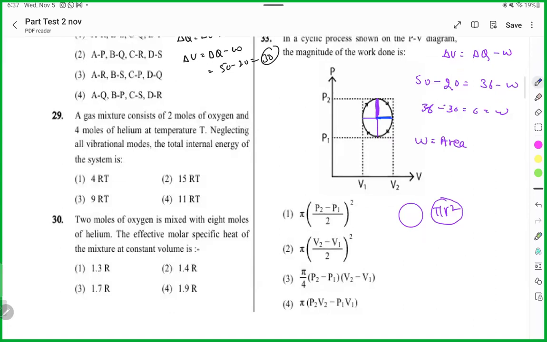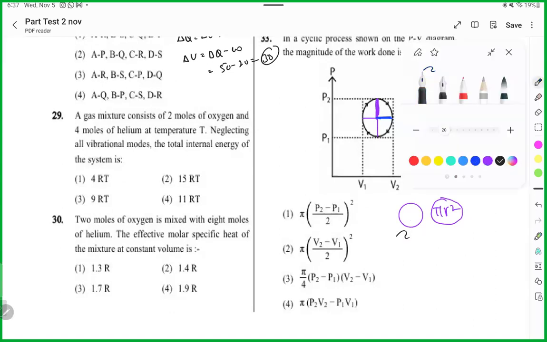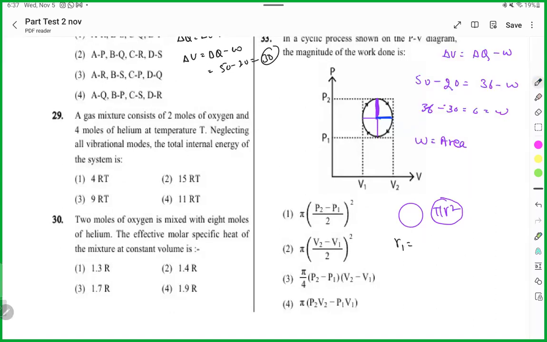So if you calculate r1 value, P2 minus P1 is the total distance between these two. Half will be P2 minus P1 divided by 2. This value total is 2R.